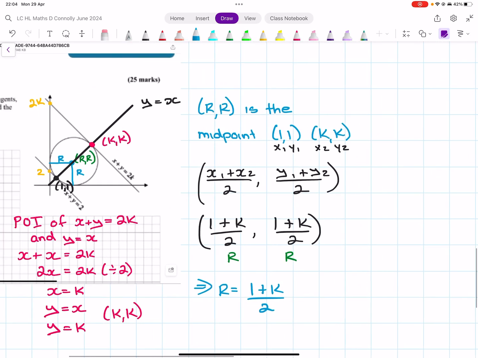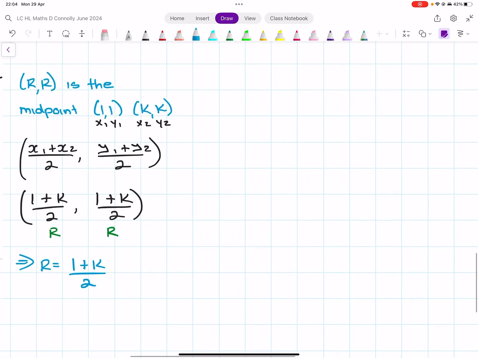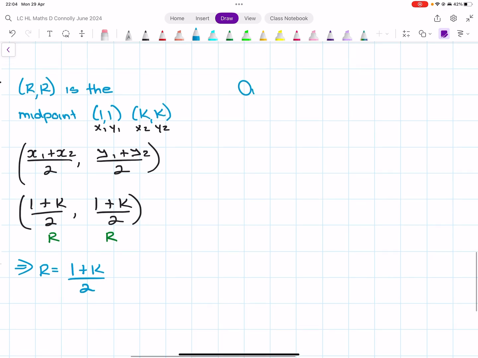Okay. What about the distance between (1, 1) and (k, k)? Sorry, table's very loud. That is the diameter, isn't it?